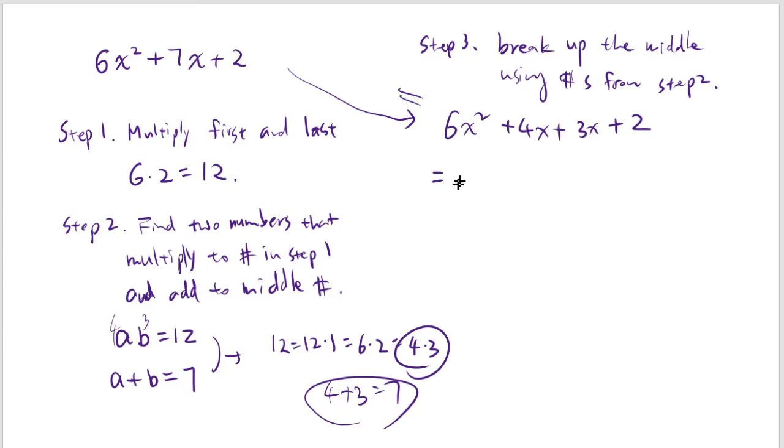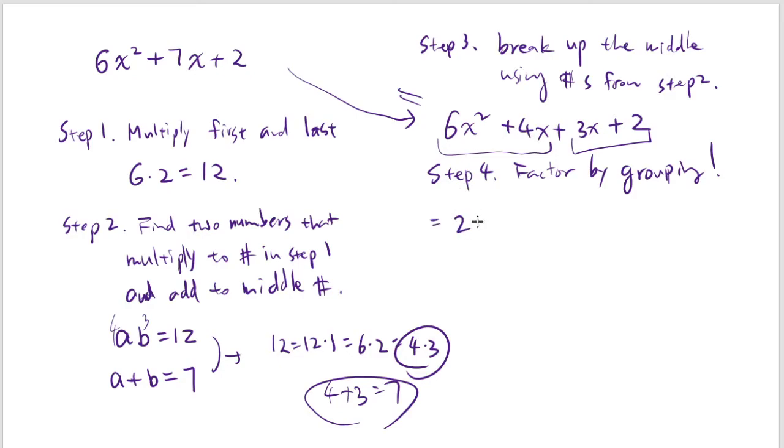And then step 4 would be factor by grouping. This method is called factor by grouping. You group the first two, group the second two, and factor. So 6x squared and 4x, they're both even and they both have x in there, so I can factor out 2x, and that leaves you with 3x and then 2.